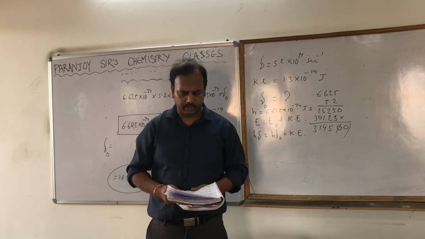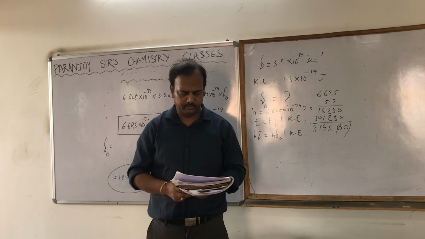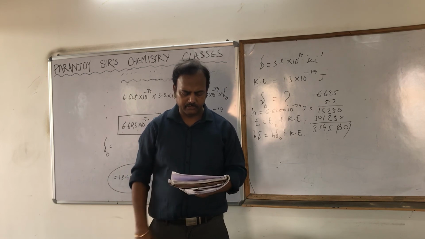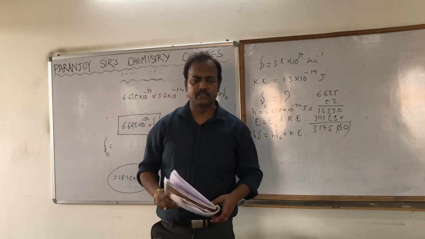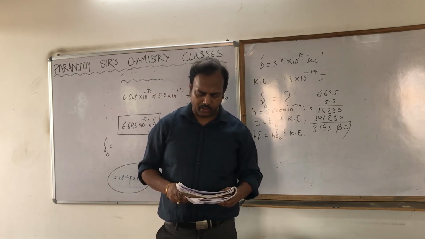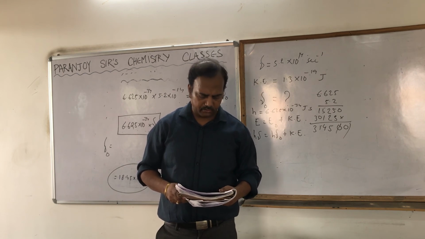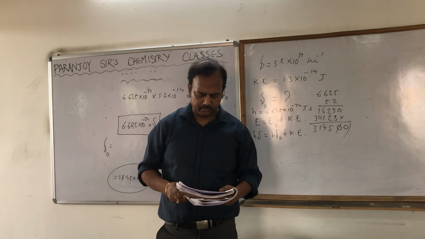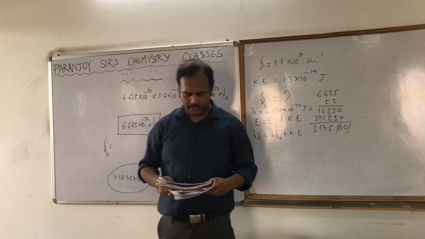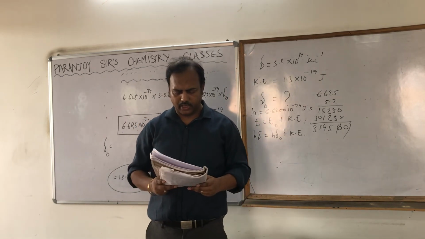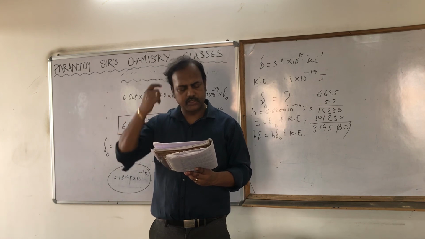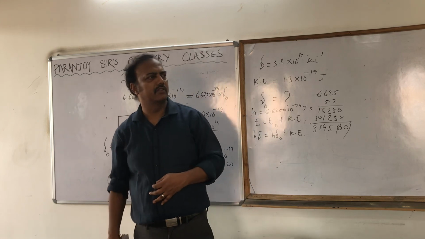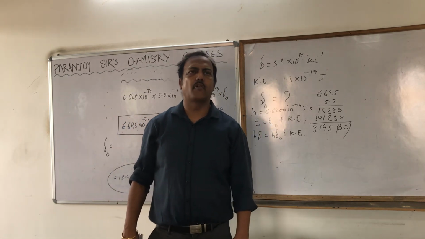And the last question. Light of wavelength 5000 angstrom falls on a metal surface and the threshold energy of the metal is 1.9 electron volt.